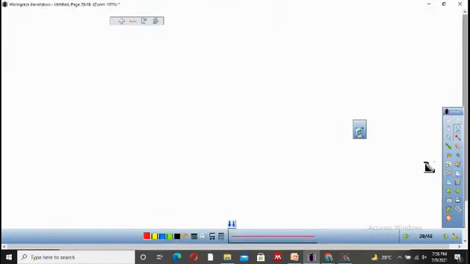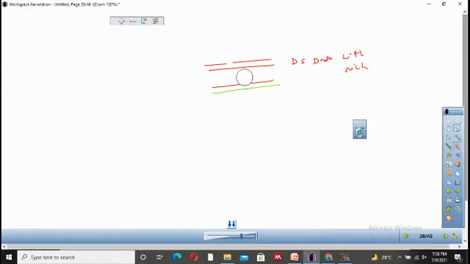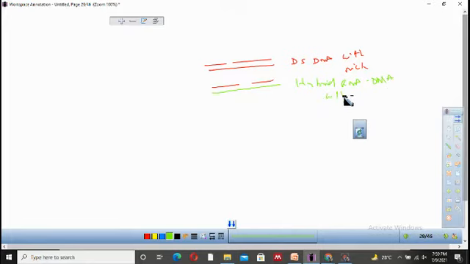So we can make a chart like this: double stranded DNA with nick, RNA-DNA hybrid with a nick.